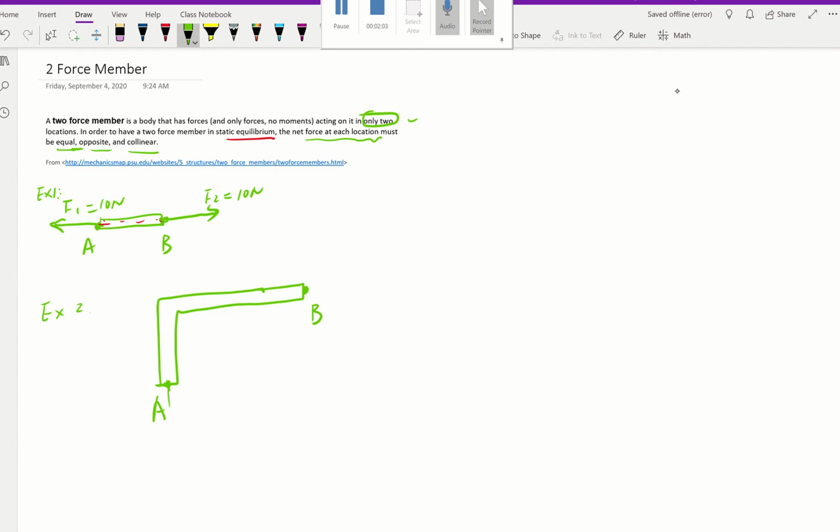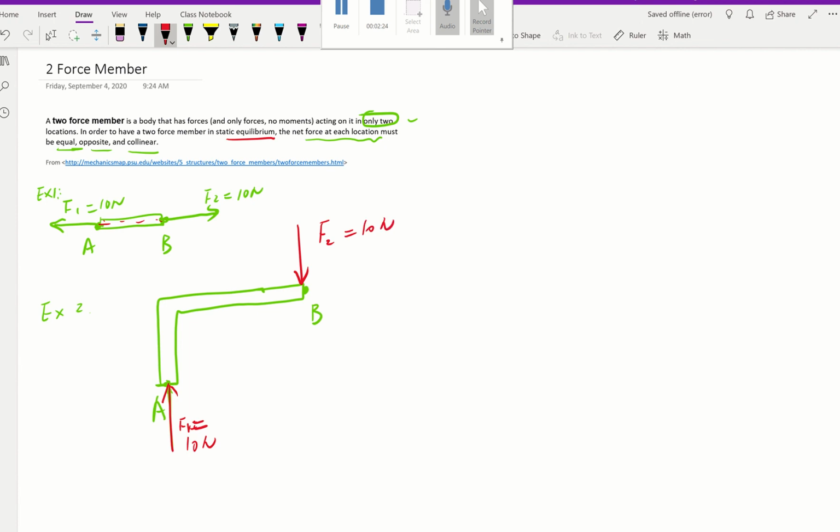Immediately, based on common sense, we might say, okay, if FA is going upward, 10 Newton, and F2 is going downward, this is going to be at equilibrium.